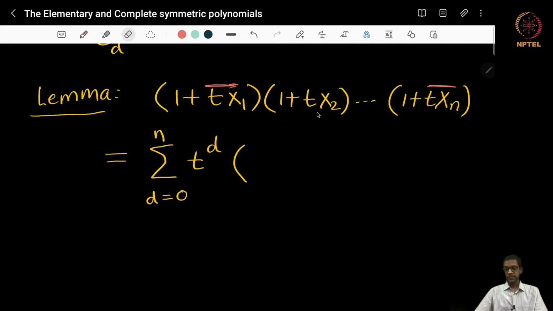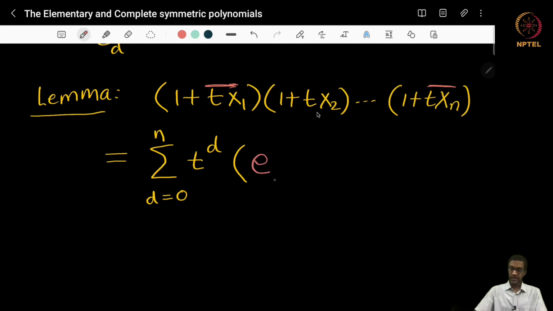Okay, so in general, to get a particular power of t, if I want t to the power d, I have to pick out t from d of these n brackets, and doing so will give me the corresponding product of the xi's. So you should convince yourselves that the coefficient of t to the power d is exactly what we have called ed.